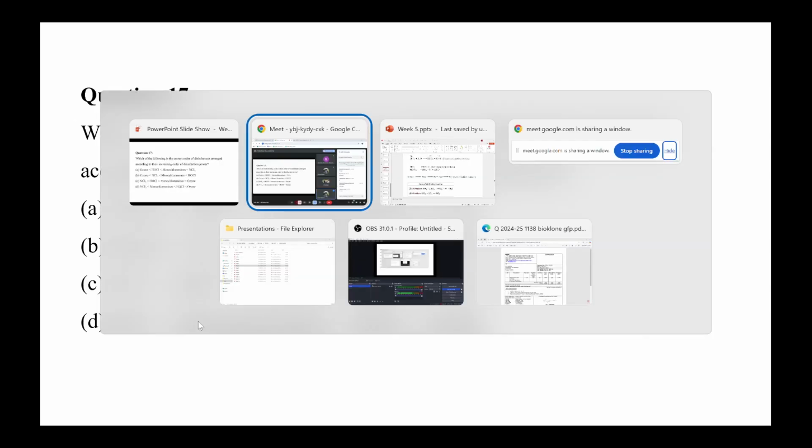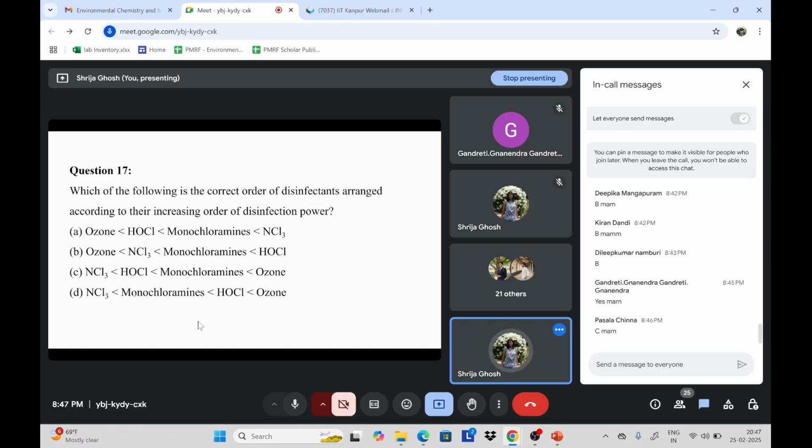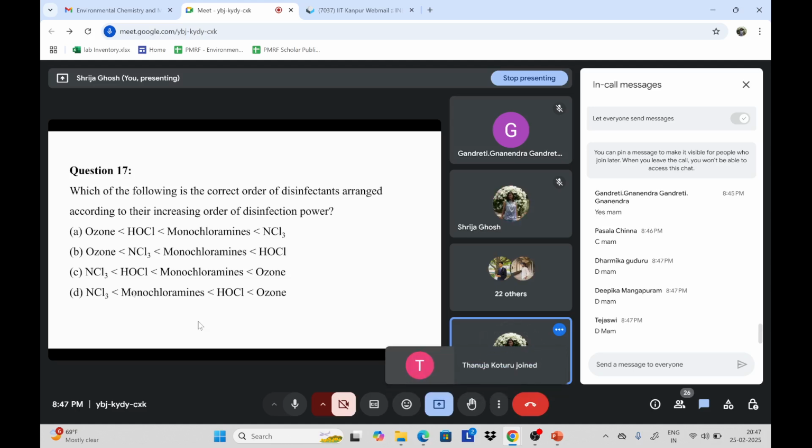So which has the highest disinfectant power and which has the lowest disinfectant power? What do you think the answer will be? Option C, option D, option D, then option B. Okay, various answers are there.